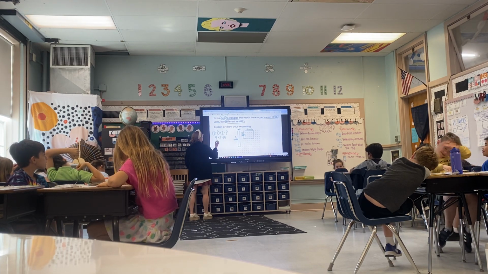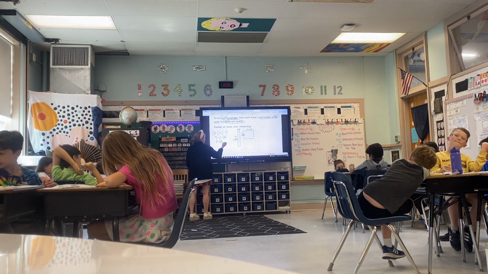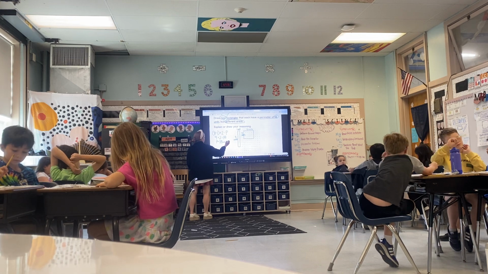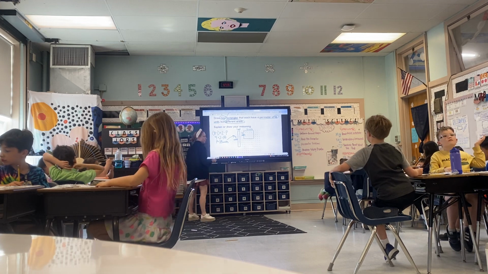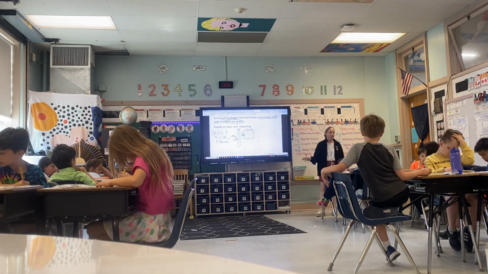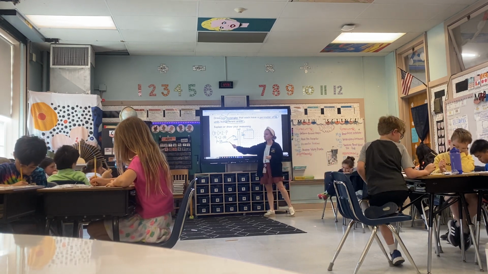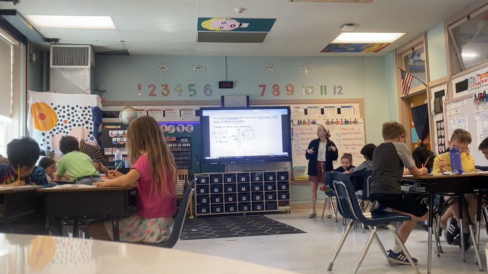So my perimeter is equal to 18. 18 what? Units. So I proved that this rectangle has a perimeter of 18 units. I'm going to do the same with my second rectangle. You should be proving right now with equations that your perimeters are both equal to 18. Go do that now.